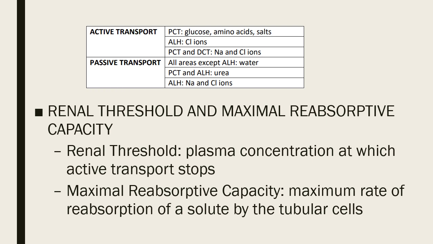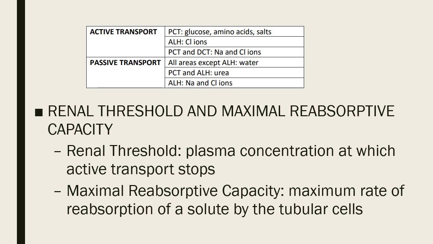Again, regarding your maximal reabsorptive capacity, let's take a look at an example with glucose. Under normal conditions, let's say your blood glucose level is less than 160 milligrams per dL.